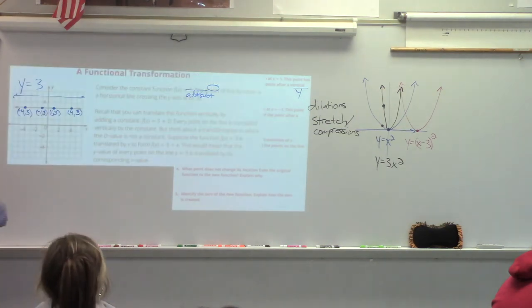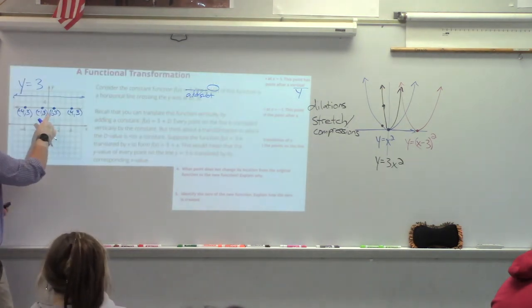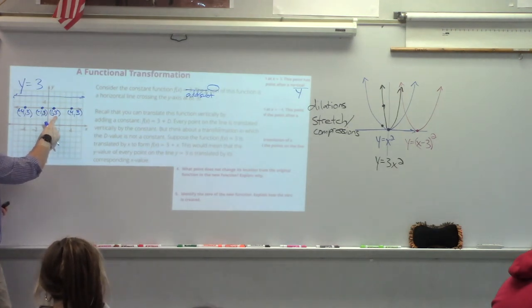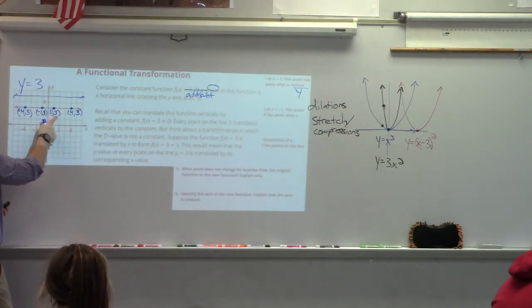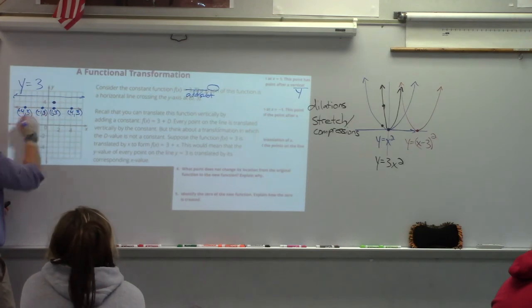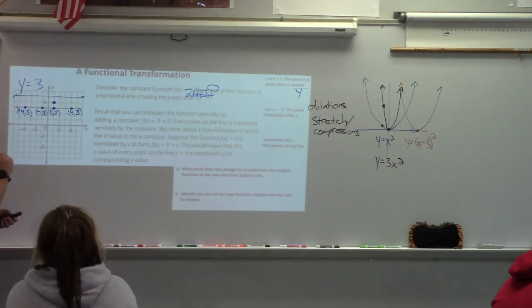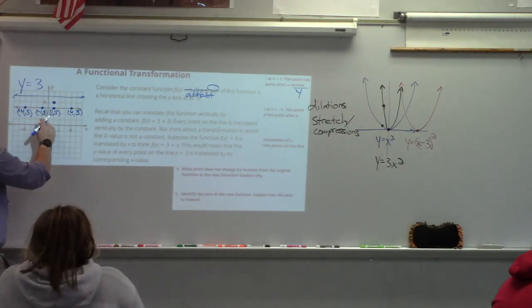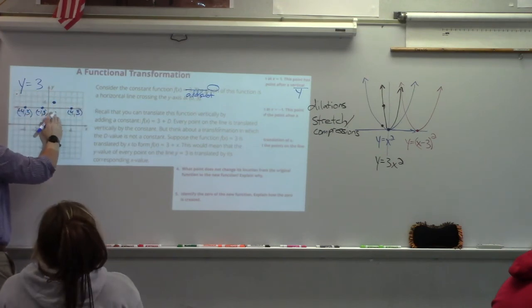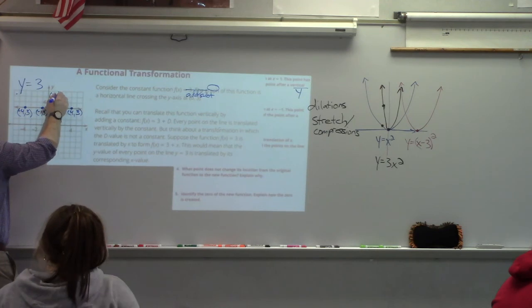So if I'm looking at 1, 3, the x of 1 stays the same, but I'm going to translate the y by adding the x. What's 3 plus 1? 4. So the x value is still 1, but the y value is 4. So once we translate, I would no longer have 1, 3, I'd have 1, 4.